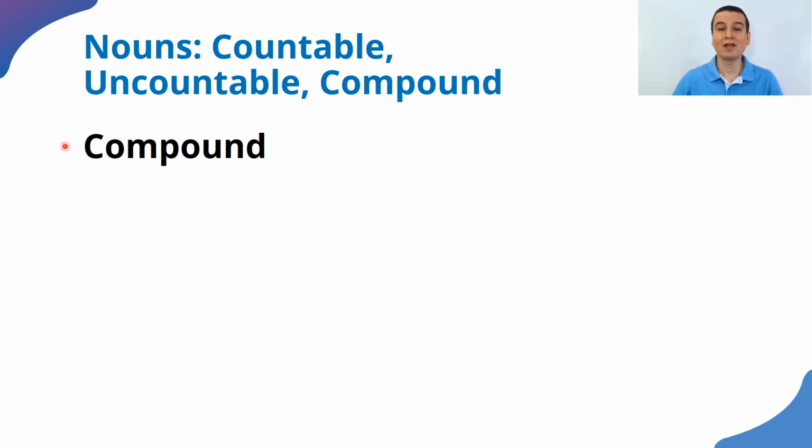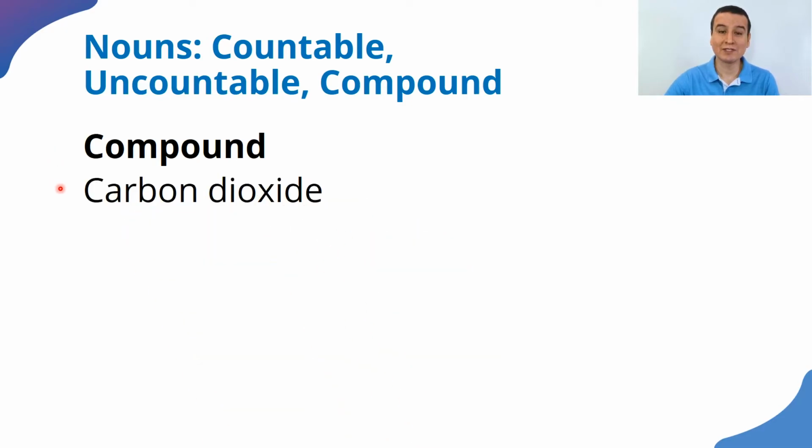Compound nouns are nouns that are composed of more than one word. Sometimes those words can be separated, like in this example, carbon dioxide. So we have one word, carbon, we have a space, and then dioxide. That is a compound noun because we're talking about one noun that is composed of more than one word.